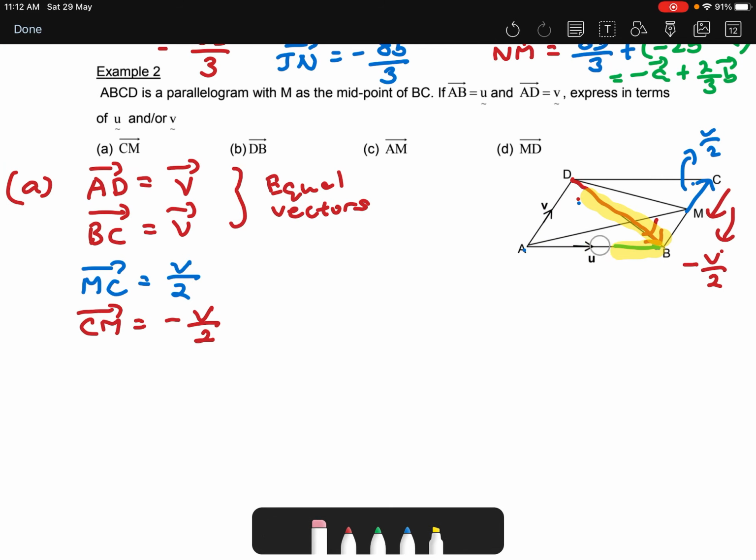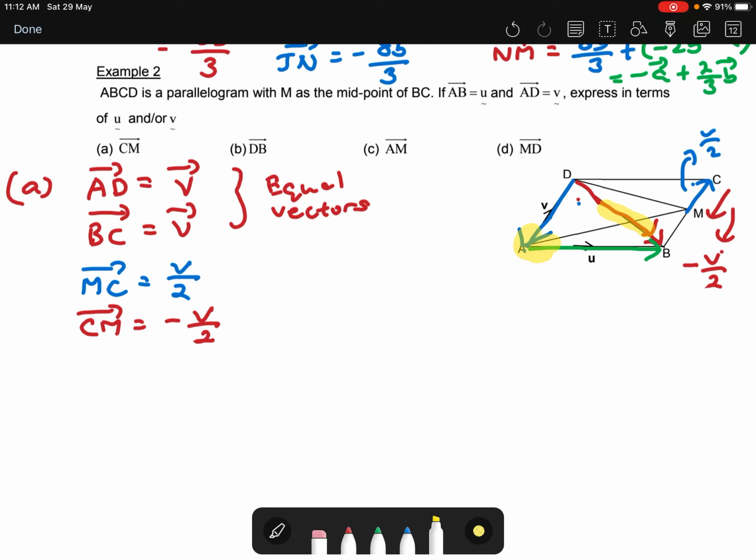Okay, so now I flip my V. So this is V, right? I flip it, then U, I leave it alone. Alright, so now the head is connected to the tail, so it's okay.